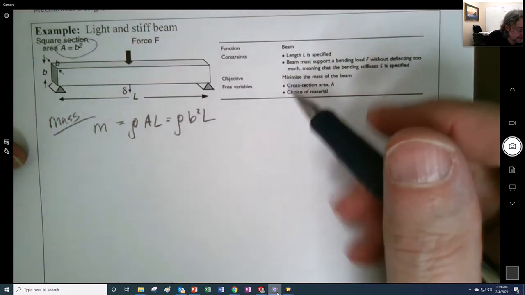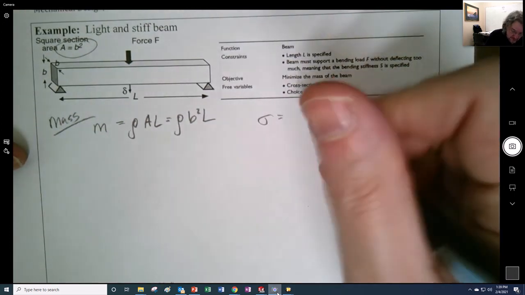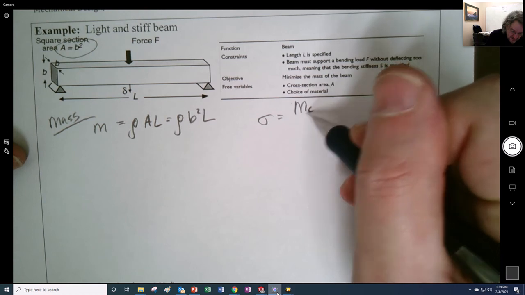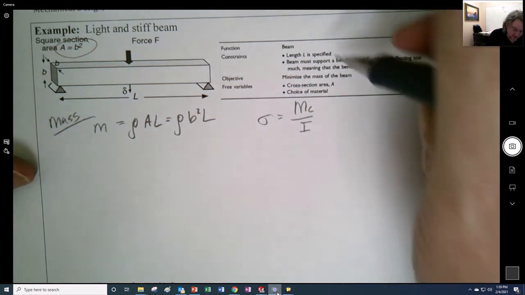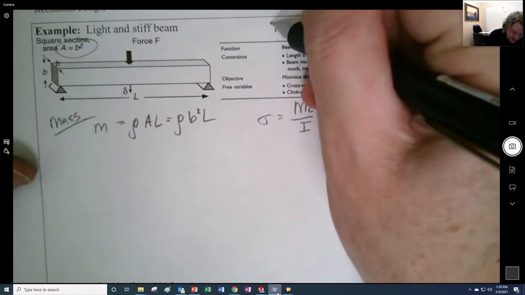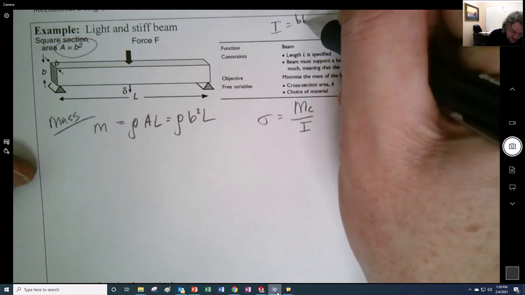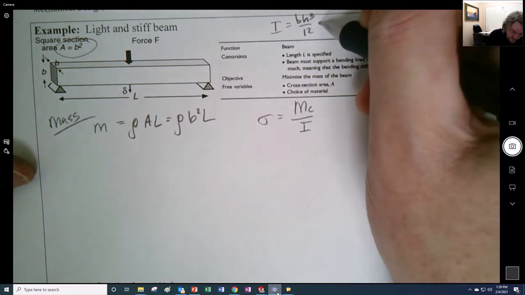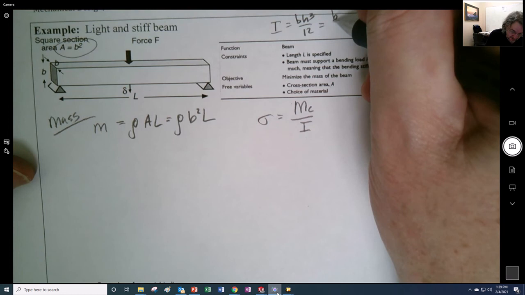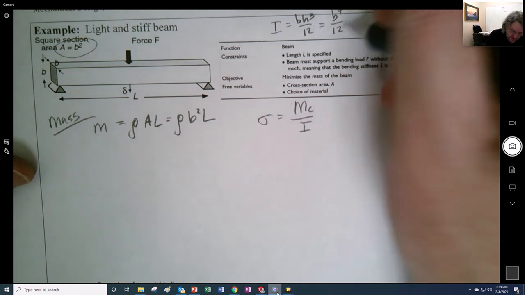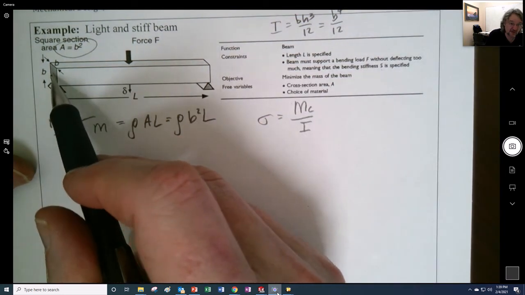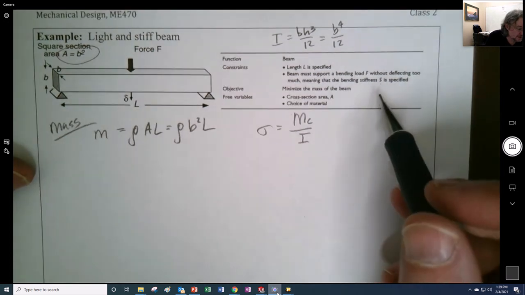And the stress of this is Mc over I, but we know that the moment of inertia of this is BH cubed over 12, which for us is actually going to be B to the fourth over 12, right? Because it's B by B.